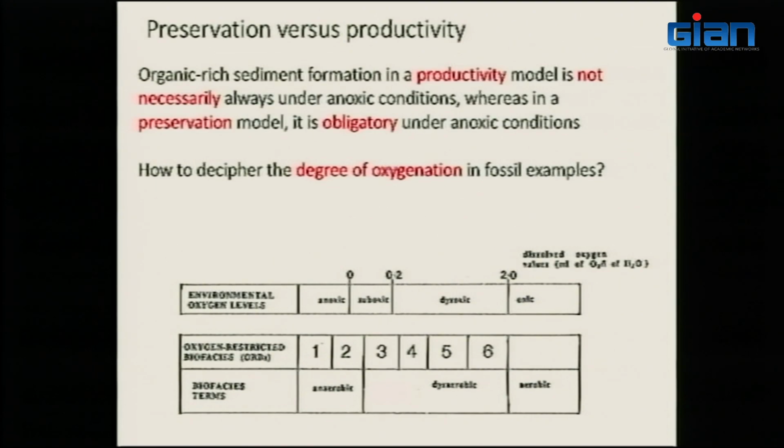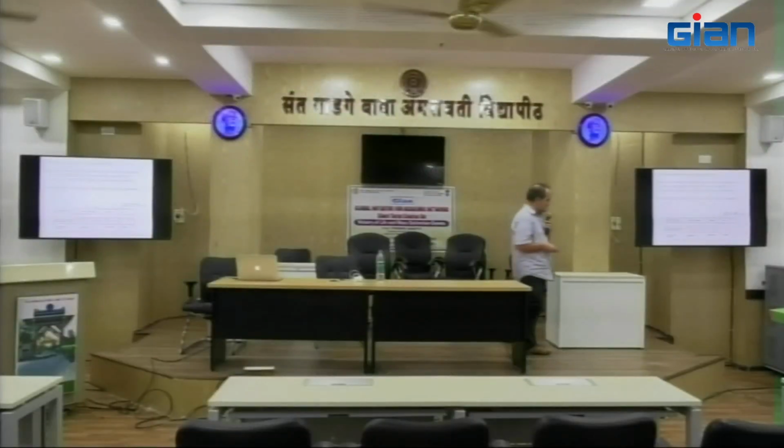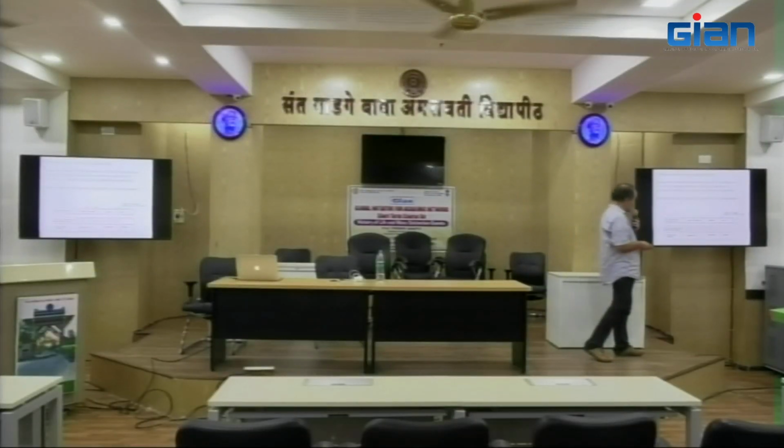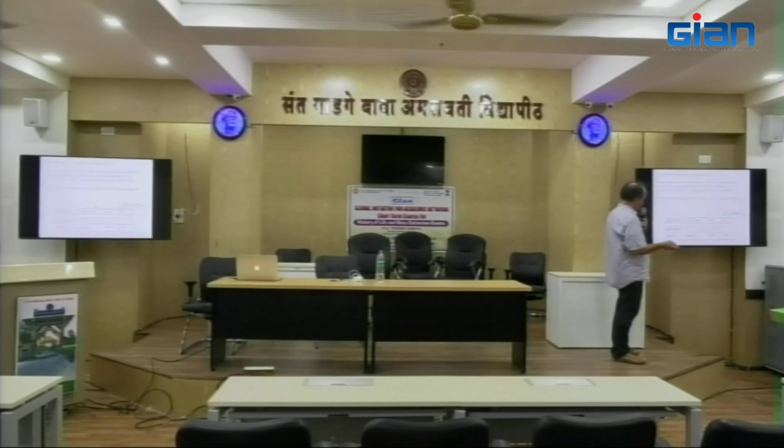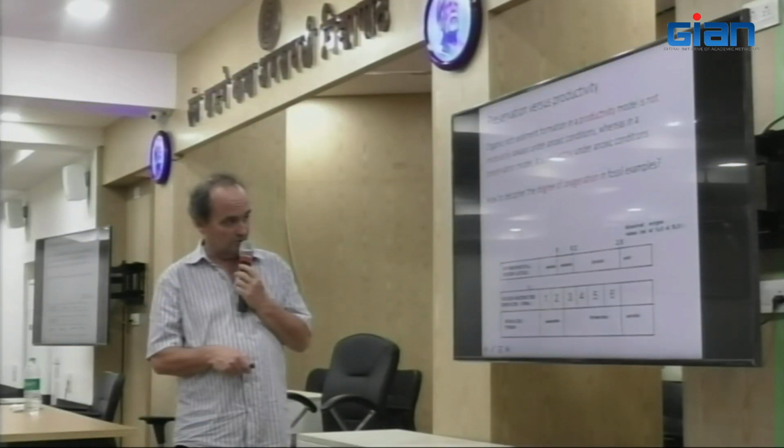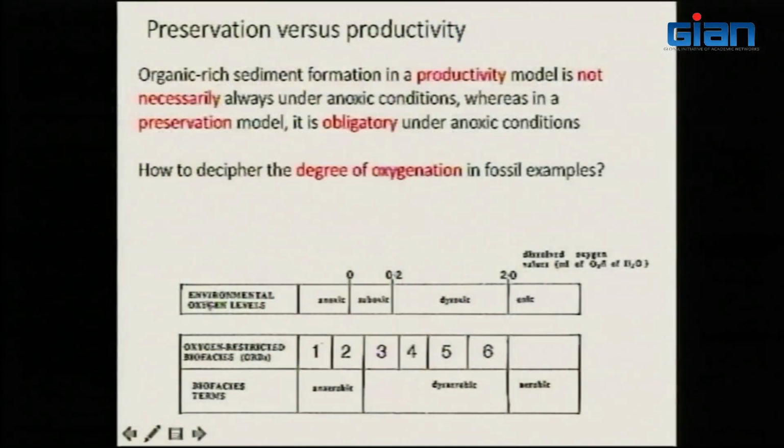So how do you infer more or less the degree of oxygenation in sediments, in fossil examples? Here, for example, this is just a classification where you have the environmental oxygen levels with anoxic, suboxic, dysoxic, and oxic conditions, and these are the values of dissolved oxygen in the water.